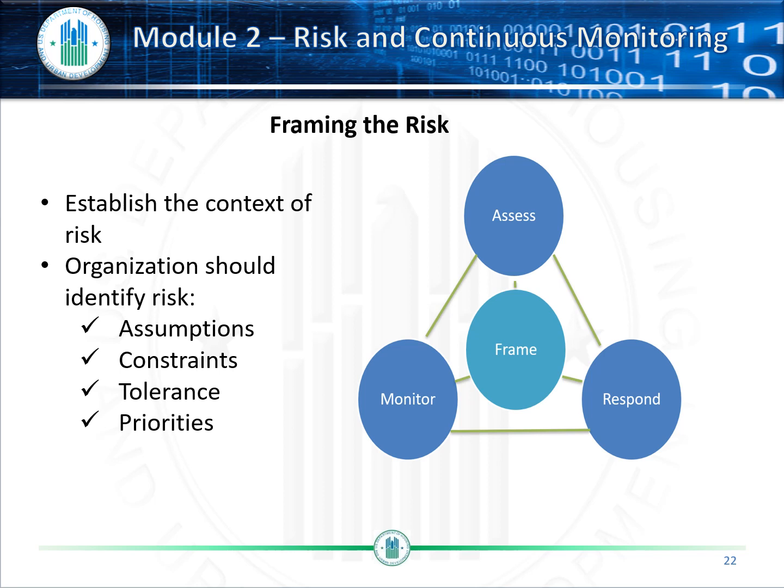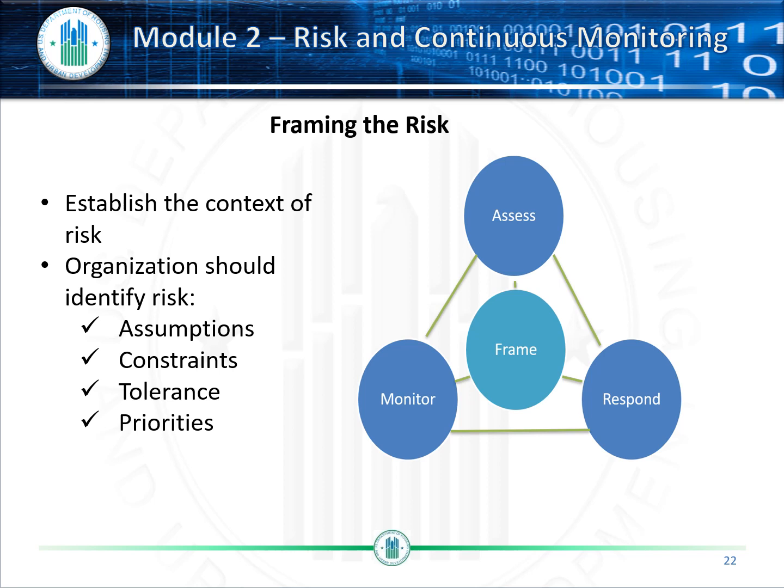The risk framing component and the associated risk management strategy also include any strategic level decisions on how risk to organizational operations and assets, individuals, other organizations, and the nation is to be managed by senior leaders and executives.